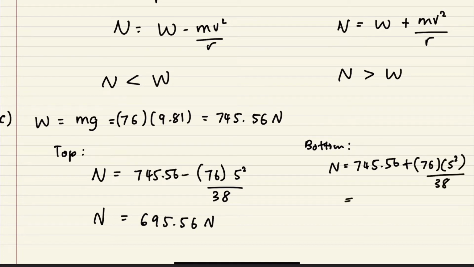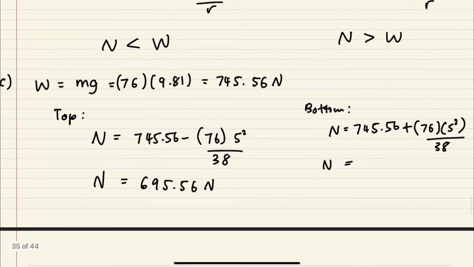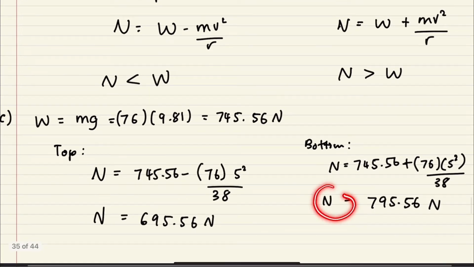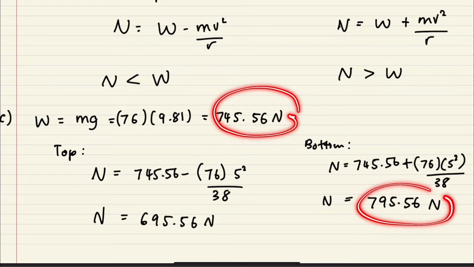Again, you can use the values from part A. So I got 795.56, so plus 50. You can see clearly that the normal force is bigger than this one. I mean 795 for sure is bigger than 745. So that agrees with this statement.